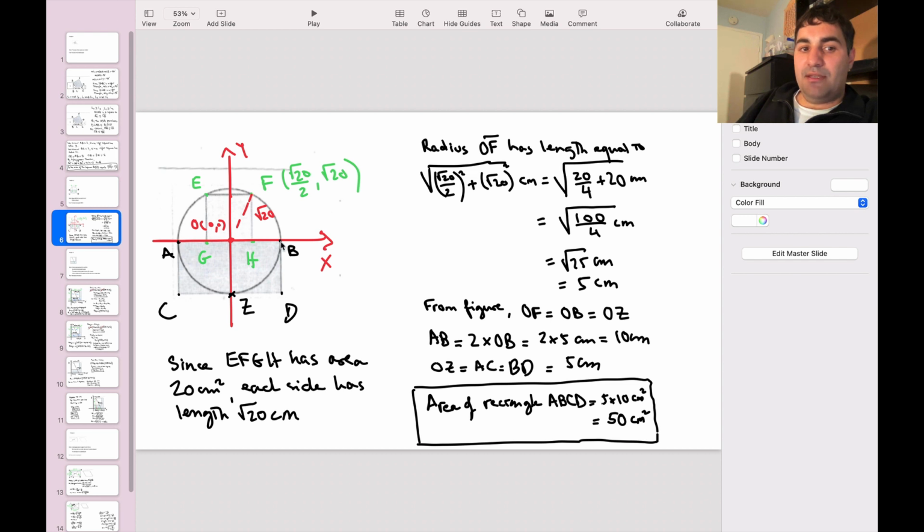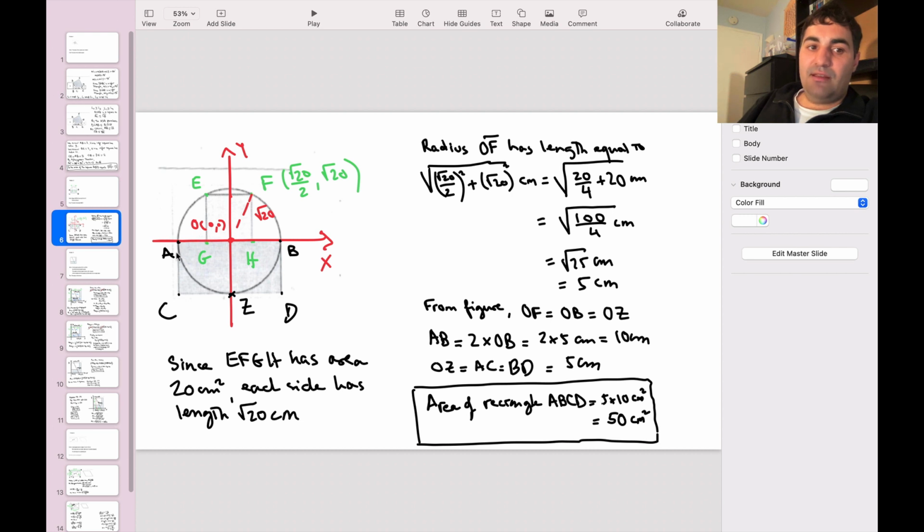So diameter AB is going to be 2 times the length of this radius, right? OF equals OB, which is equal to 5. So the length of AB equals 2 times 5 centimeters, which equals 10 centimeters. So we already know that the length of AB here is 10 centimeters.